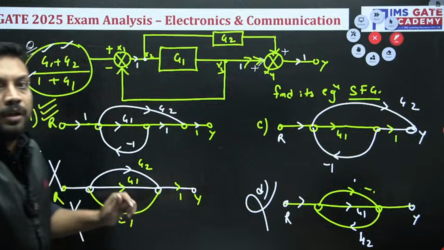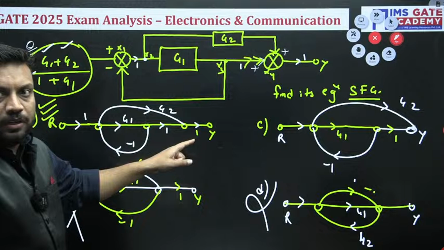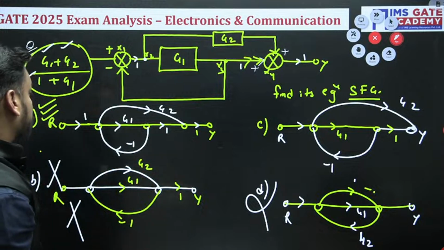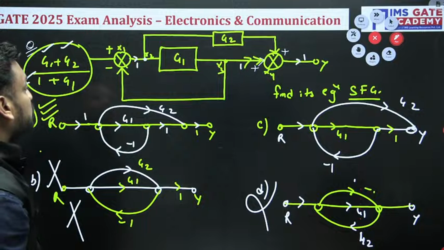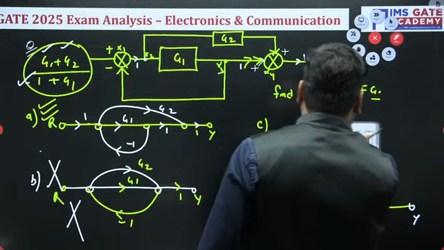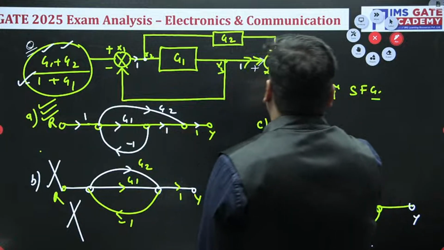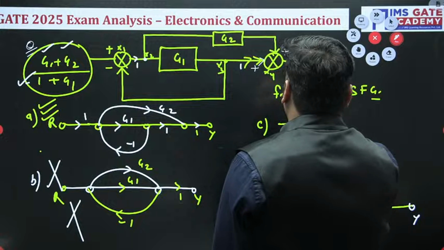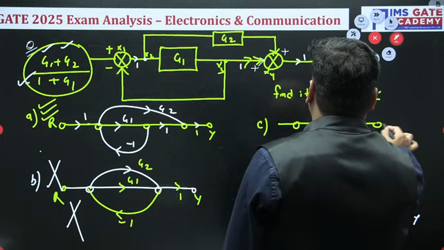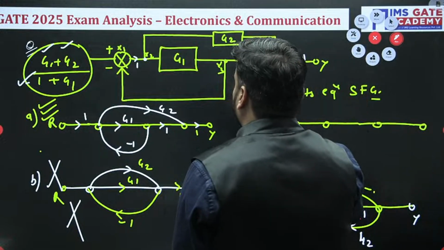First of all, tell me, have you attempted this question? Was this question MSQ? Then which were the other options? Can you please tell me? The other options can be like this. If I make the options for you, was this the first option correct? Here is a node, here also a node, here also a node.